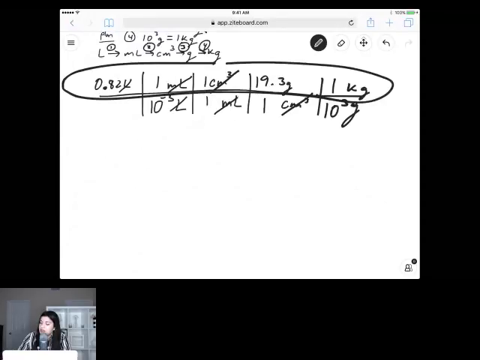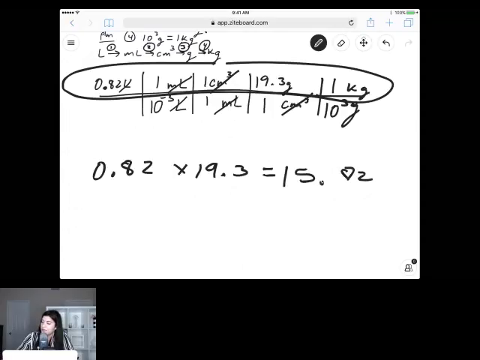So this is 0.82 times 19.3. Multiply that first. Okay, so let's see what that gives us. That gives us 15.826. There we go. All right, so that's on top. And then multiplied by.